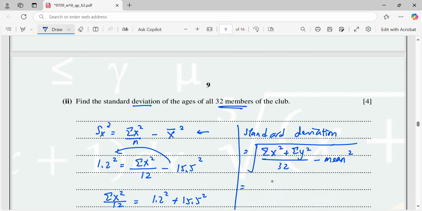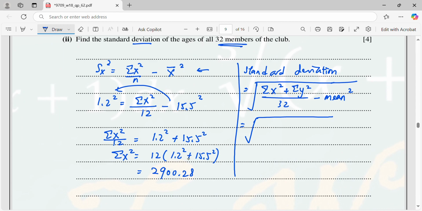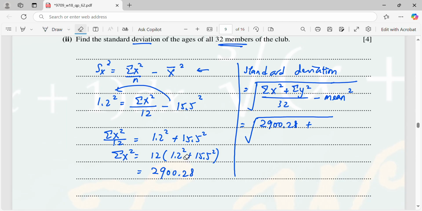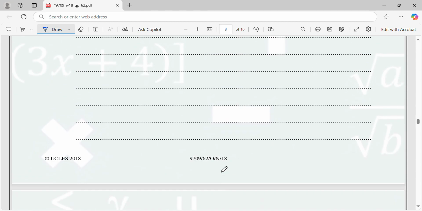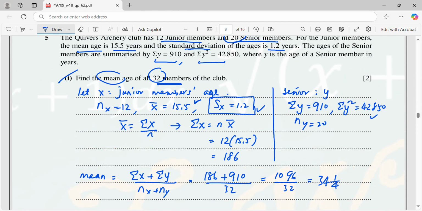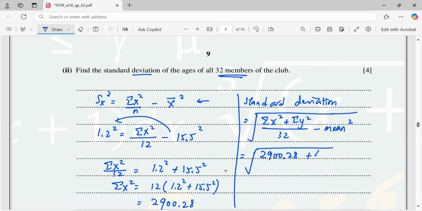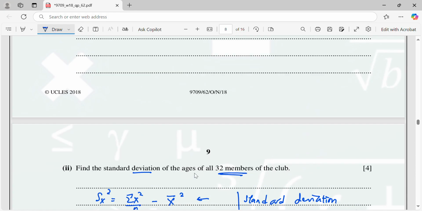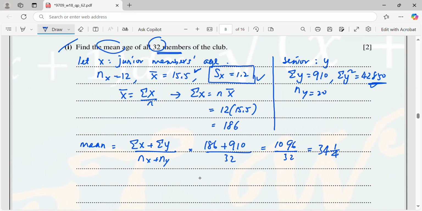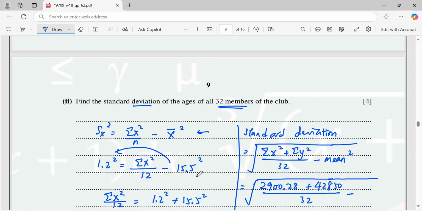So you will be getting the square root of summation x squared, 2900.28, plus summation y squared, that is given, 42,850, over 32, minus the mean squared. The mean is this value, 34 and 1/4.